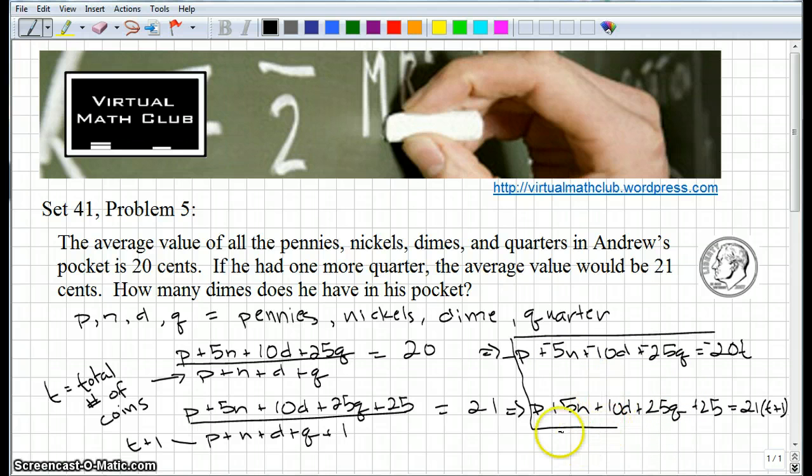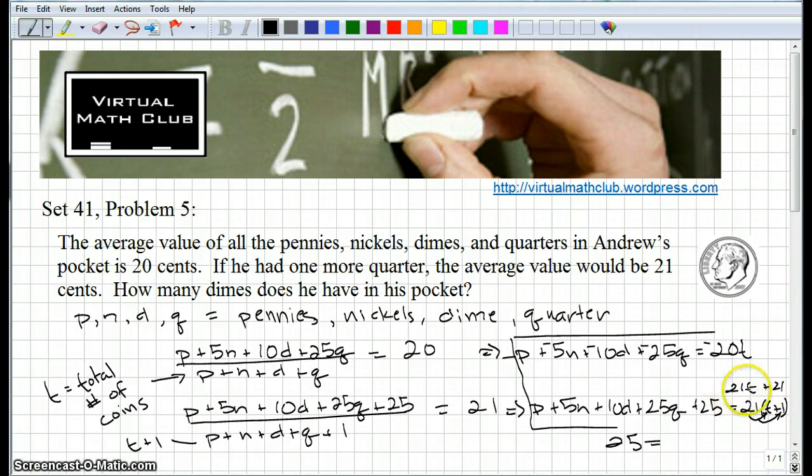P minus p is 0, 5n minus 5n is 0, 10d minus 10d is 0, 25q minus 25q is 0, and then 25, and there's nothing to pair it up with, so 25 is equal to, now I need to multiply this out, 21t plus 21, if I multiply through using the distributive property.